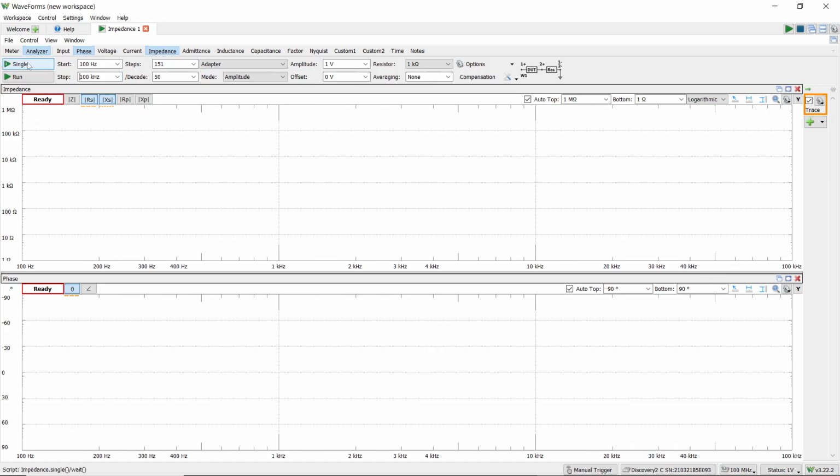And so then what we will display is the magnitude of the impedance, right? This should be magnitude here, and here we get the phase. And so we measure impedance by magnitude and phase. And if I hit single, then we should get one of these measurements with 151 steps, for example.